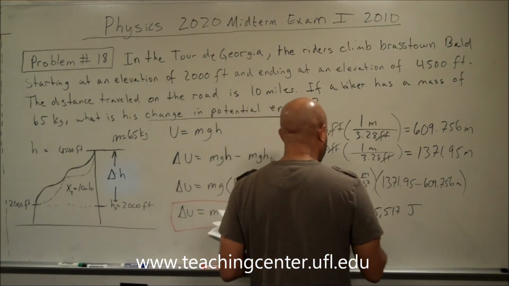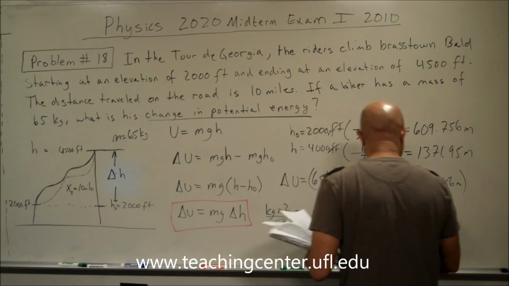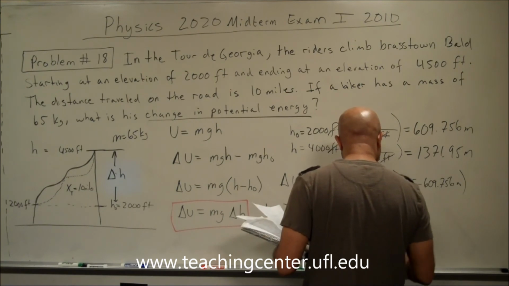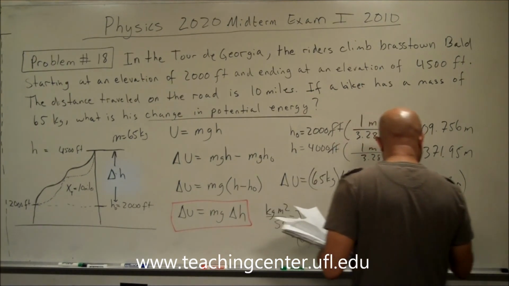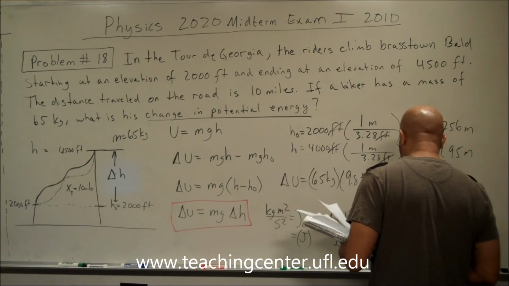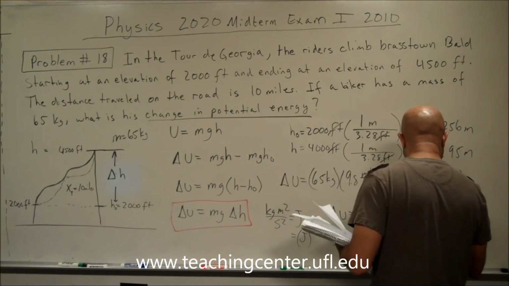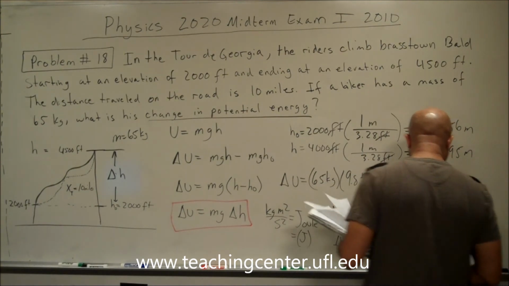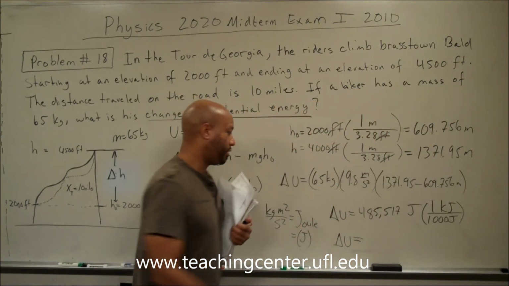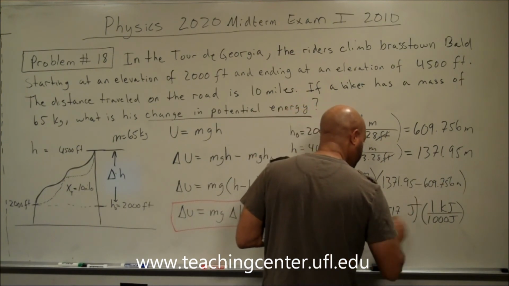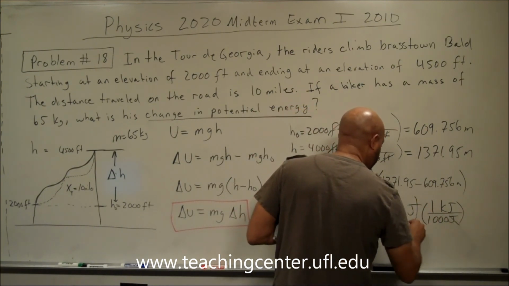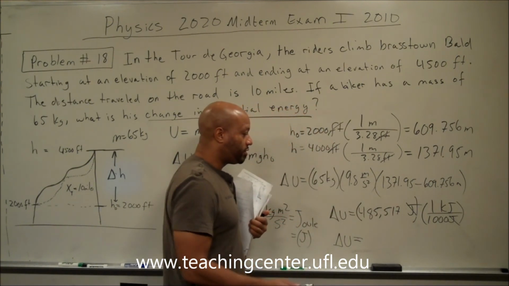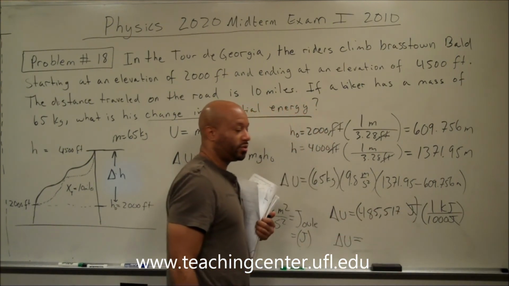So we convert this. We know that there are 1,000 joules in 1 kilojoule, so we multiply so that the joules cancel out and we're left with just kilojoules. Essentially we're just dividing the answer by 1,000.